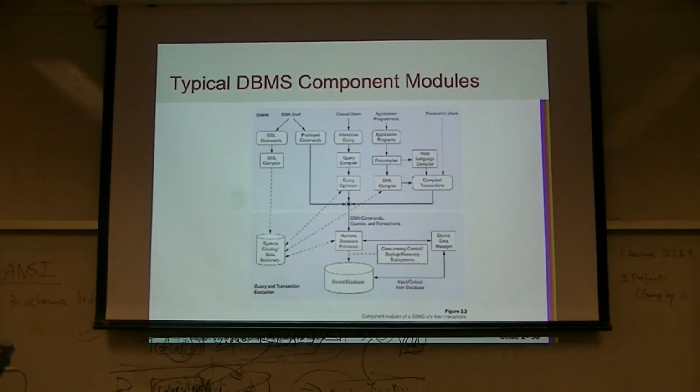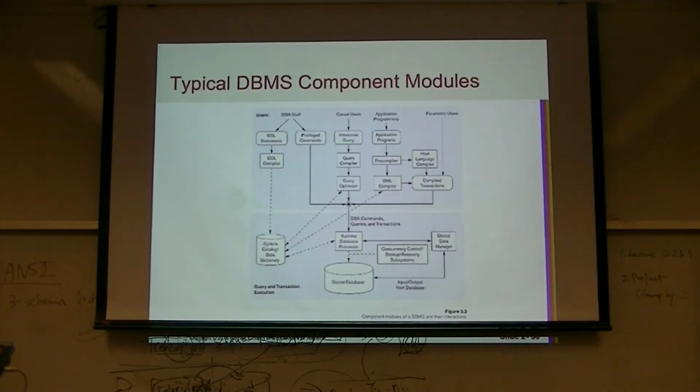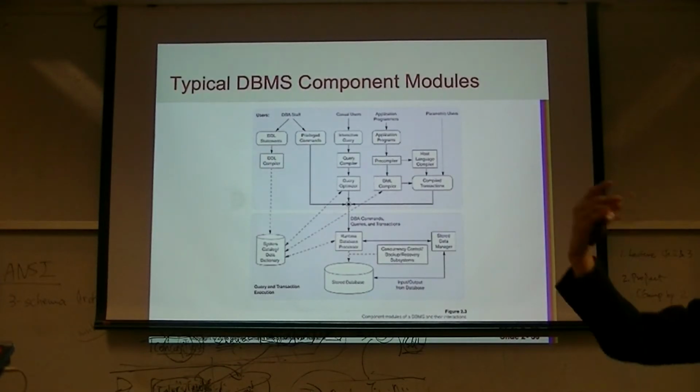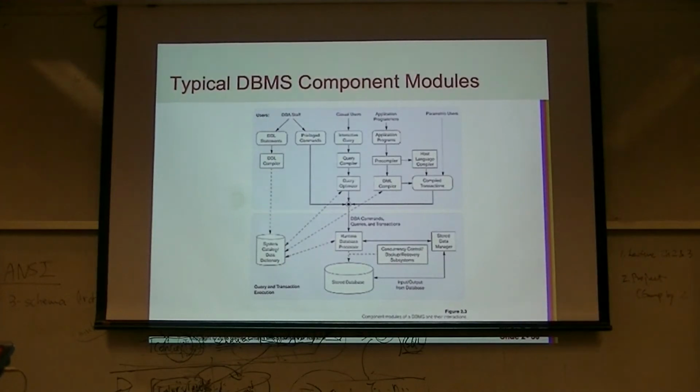If I'm interested and I'd like to compete with Oracle, then you can design such a DBMS component, focusing on the internal view: how to create the table, what the data structure is, what kind of index you use. Then you can create the software, that is the DBMS system, like the ABC DBMS system. Then you can compete with MySQL and Oracle like that. So this is an overview of the database software component modules.